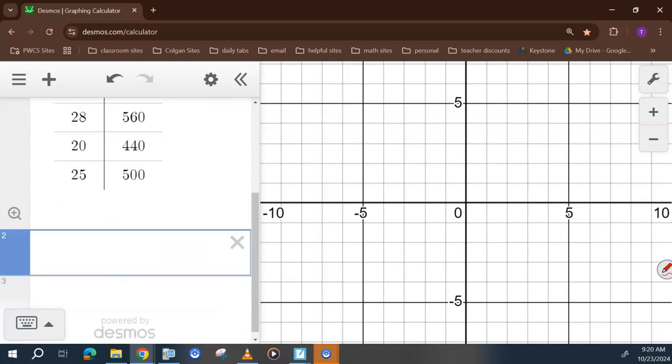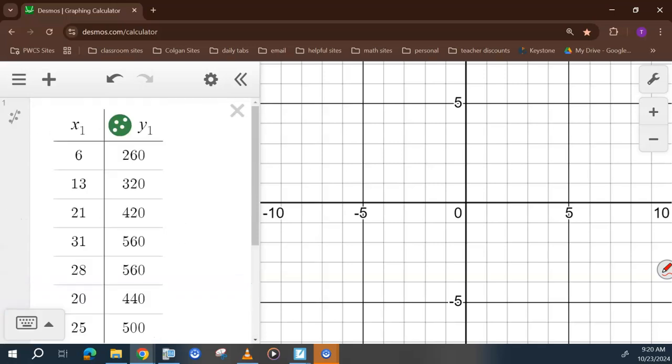So one, you need to keep in mind your y equals mx plus b. Think of a line, the equation of a line. It's going to be similar. In your table, we have x1, y1. So we're going to be using that.